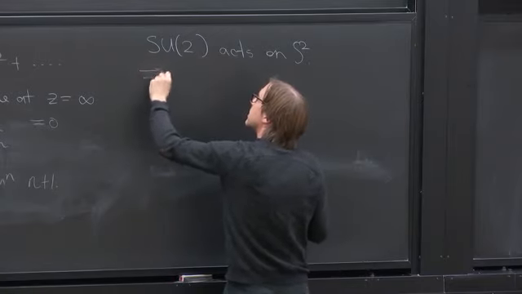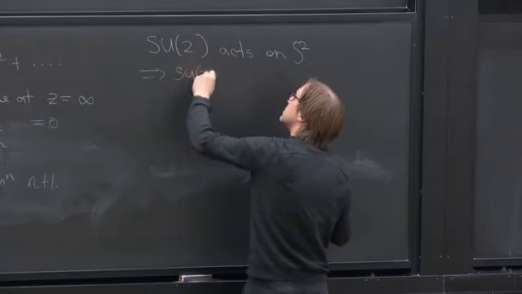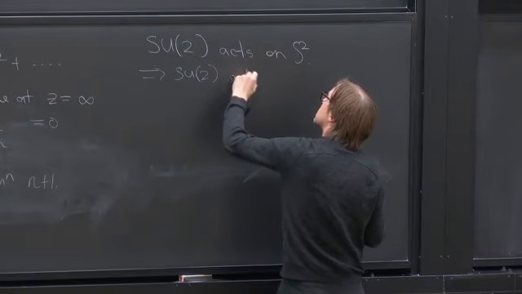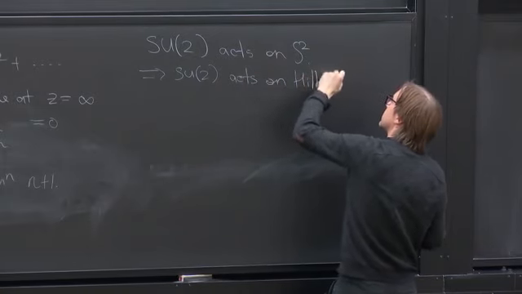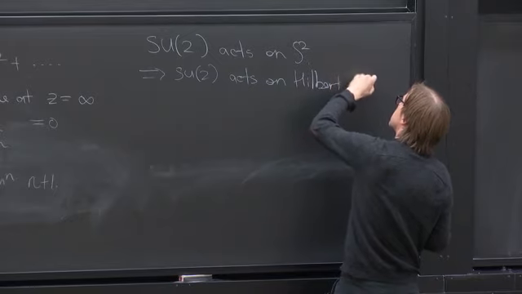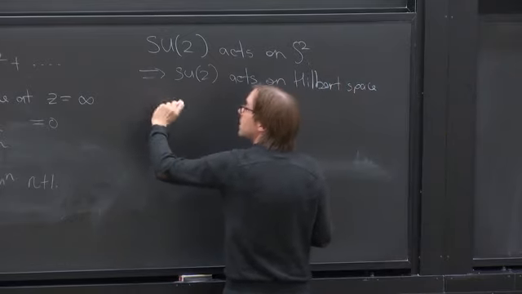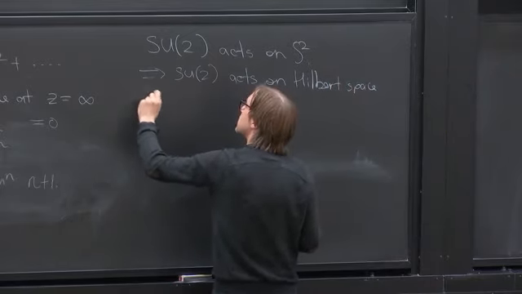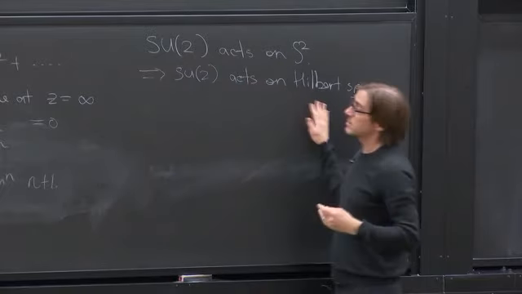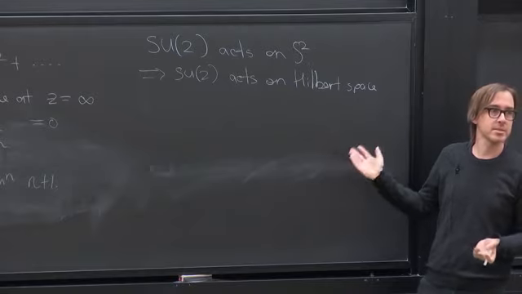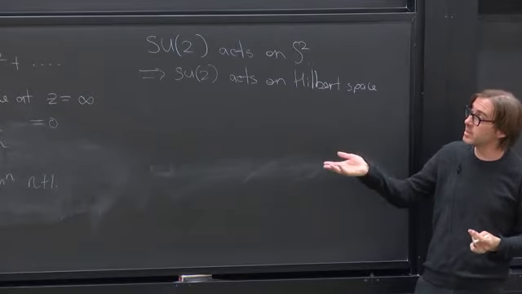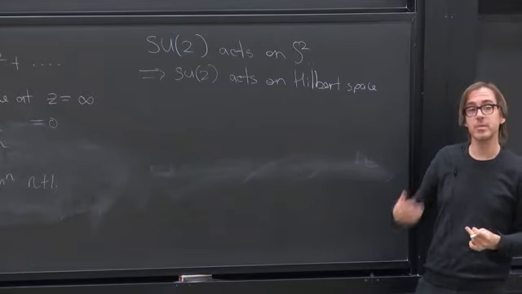So therefore, SU2 acts on the Hilbert space, so it's some representation. And what we find is we have some representation of dimension n plus 1. Well, what representation could it be? It must be the representation of spin n over 2.